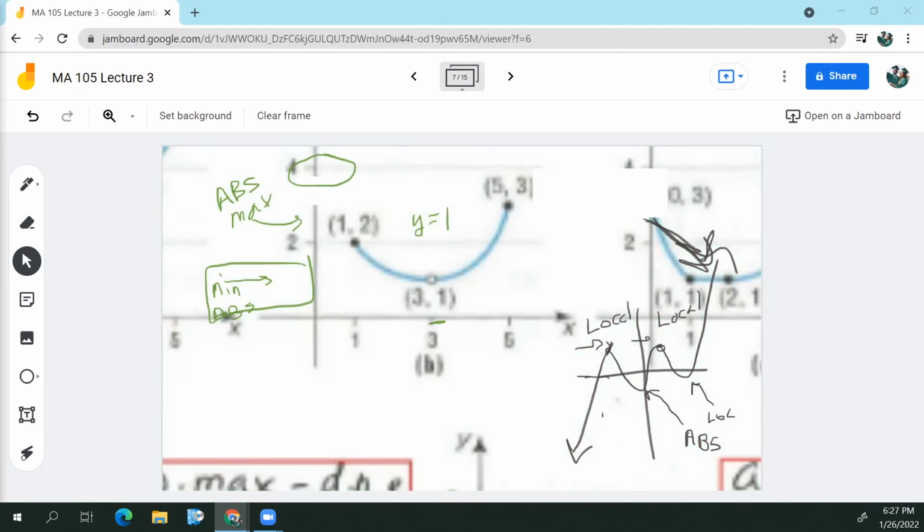The next lowest point would be on both sides. If we got infinitesimally close to this point, it would be on both sides of that hole. Since that's the case, we can't say there's an absolute min, because technically there'd be two absolute mins, since we're getting infinitesimally close to this hole. So the next minimum would be right here.